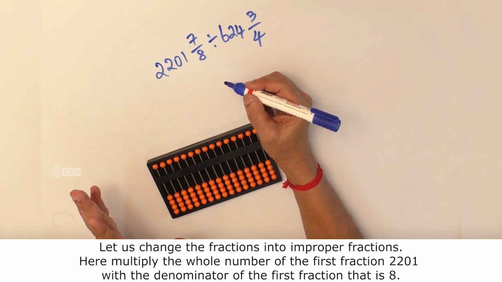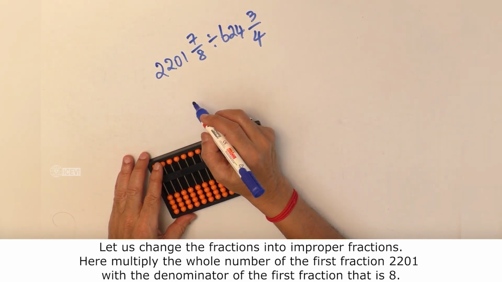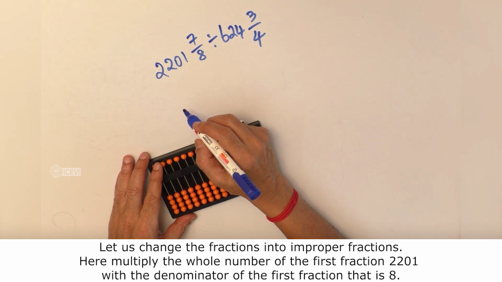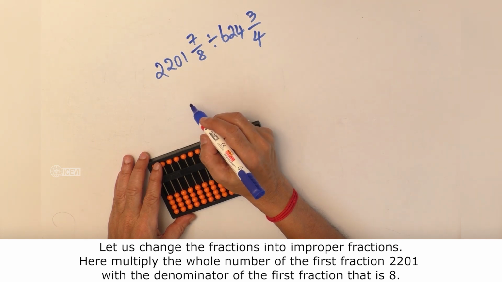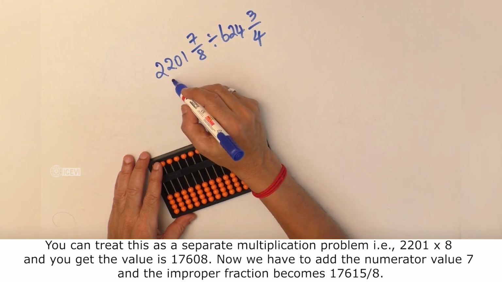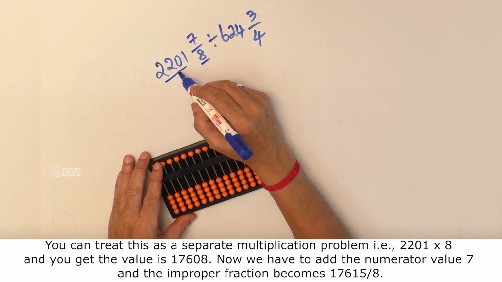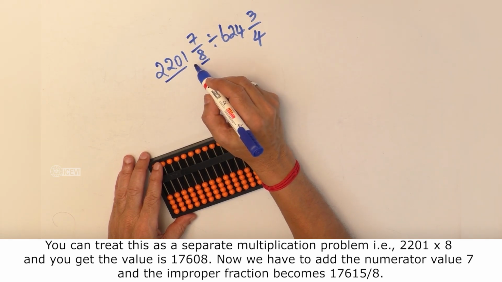Let us change the fractions into improper fractions. Here, multiply the whole number of the first fraction with the denominator of the first fraction, that is 8. You can treat this as a separate multiplication problem. That is 2201 multiplied by 8.